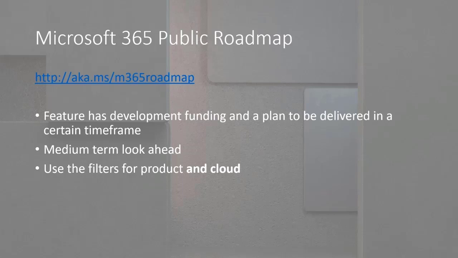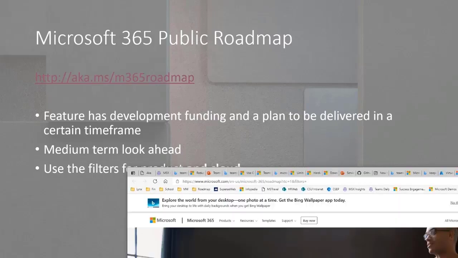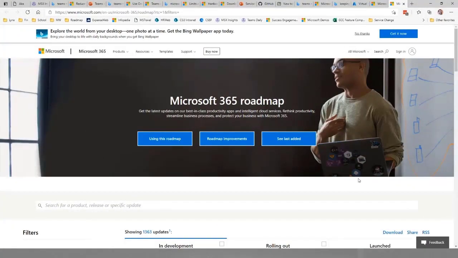I'm going to pull up this website and show a couple of key things here because I want to show, especially for government customers, how to use this effectively. So I'm going to pop open that link there, and it's going to bring me to the main page. There are some links right at the top on how to use this and how to give some feedback on improving the roadmap, and then the ability to just see the information that's been recently added.